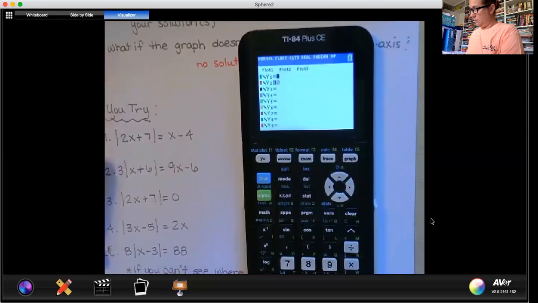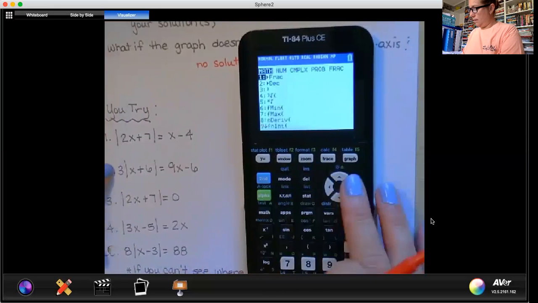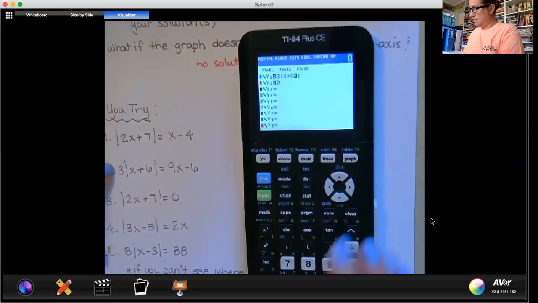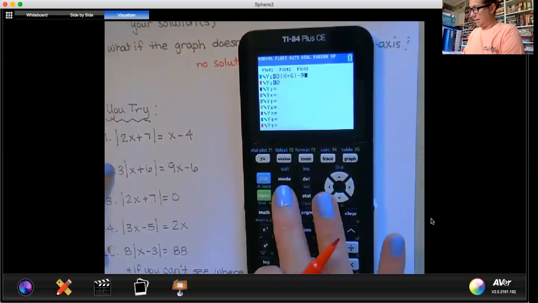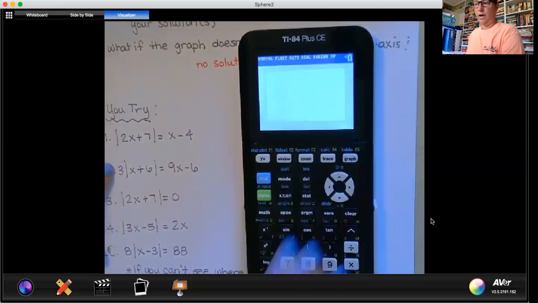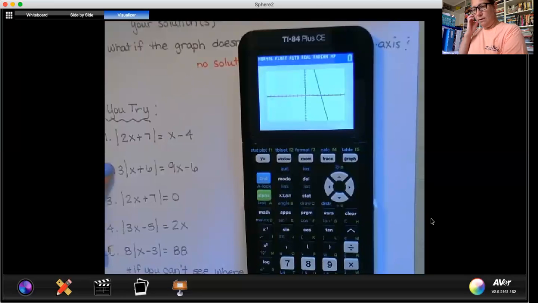Y equals, clear. 3, math, right arrow key, enter, x plus 6, right arrow key, minus 9x plus 6, graph. All right, look down at the very bottom. If you can't see where the solutions are, hit zoom 3, enter. What that does is zoom out your graph. So there's one solution.